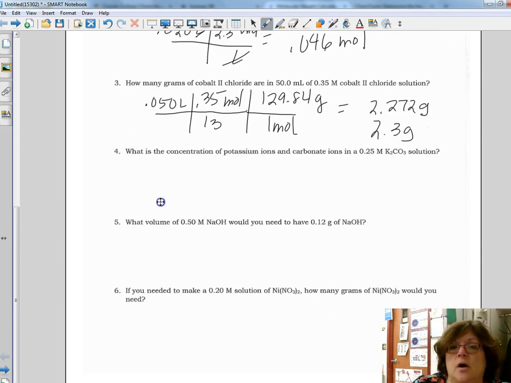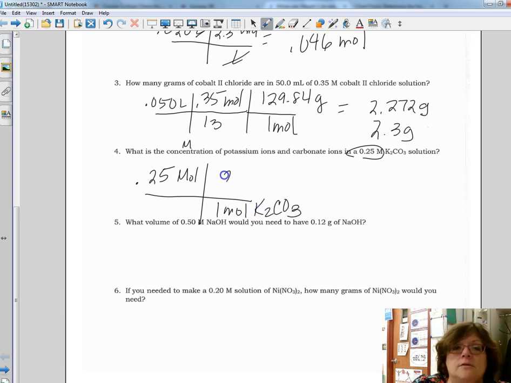Concentration of potassium ions. Okay, concentration means molarity, so we're solving for molarity. Well, we already have molarity. We know that our molarity is 0.25 moles. The question is, how many potassium ions do you have if you have 1 mole? 1 mole of potassium carbonate will give us 2 moles of potassium ions.